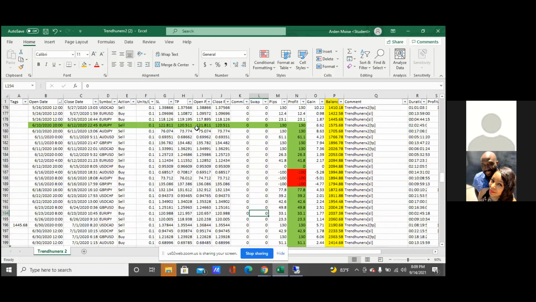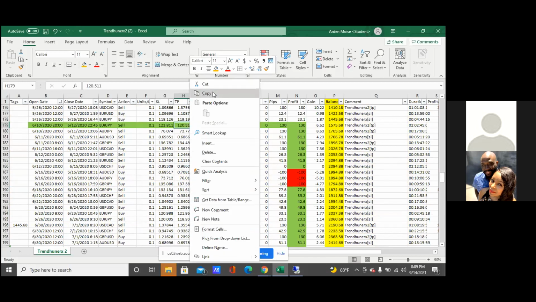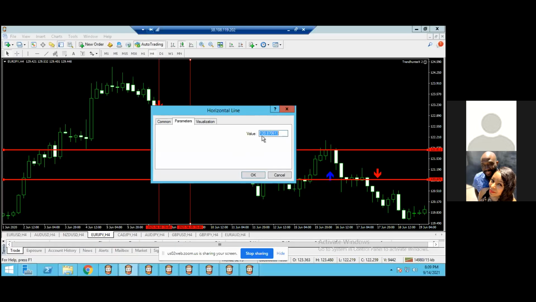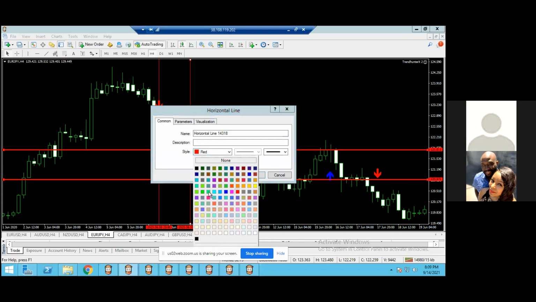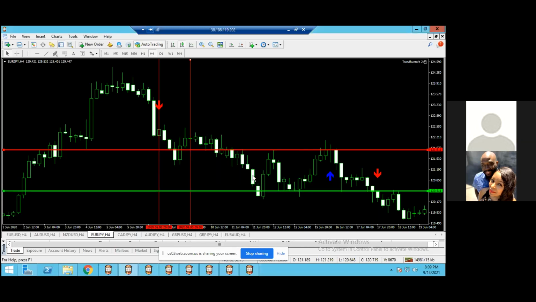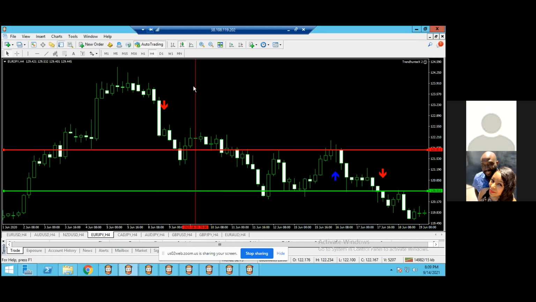Right there, the trade opens here, and the price moves all the way down until eventually it hit the take profit right around here. And that was your 130 pips right there. Very nice.